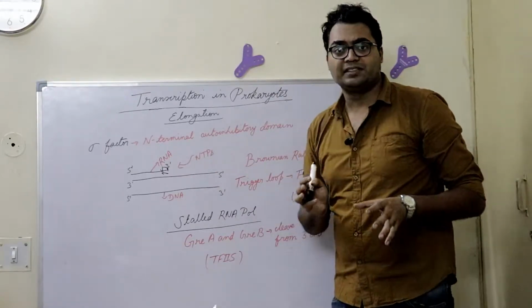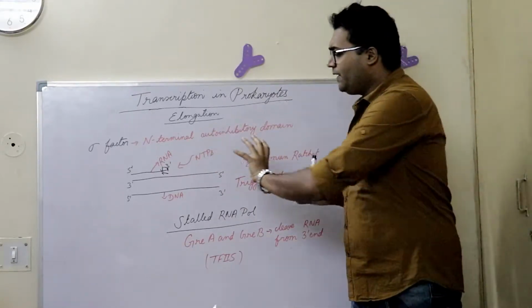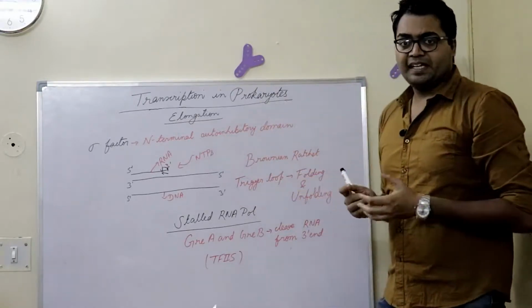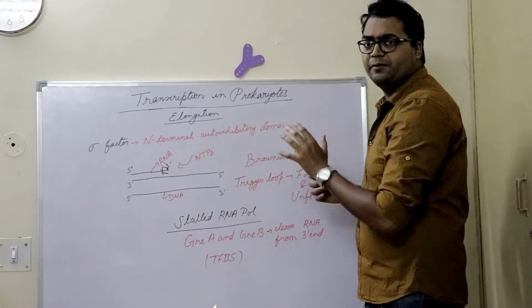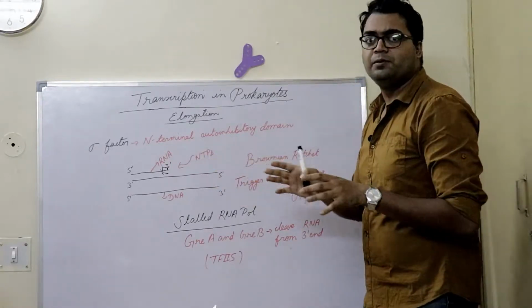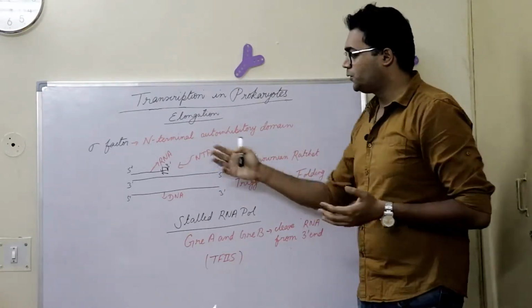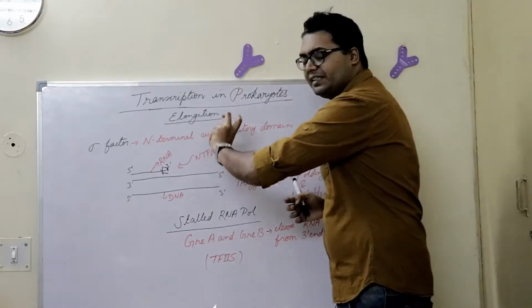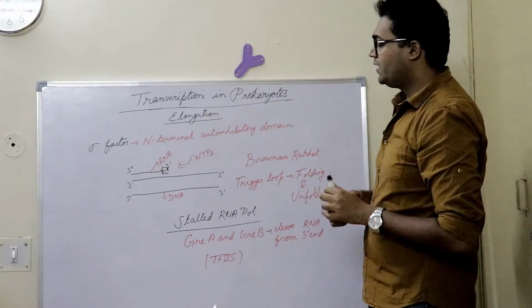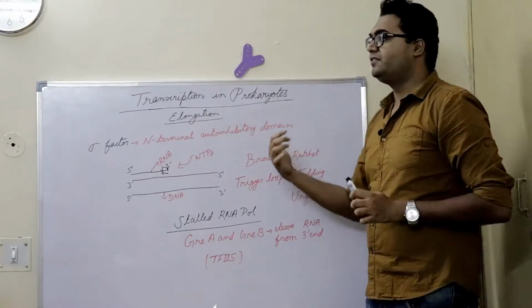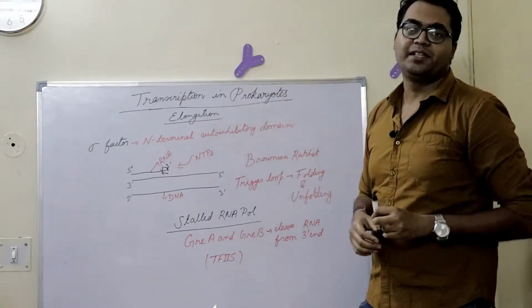So it's a three-way process. If it has to address so many problems, the possibility of it swaying around becomes more. So how it maintains its stability and efficiency lies in the dynamics of the 3D structure of the RNA polymerase molecule.